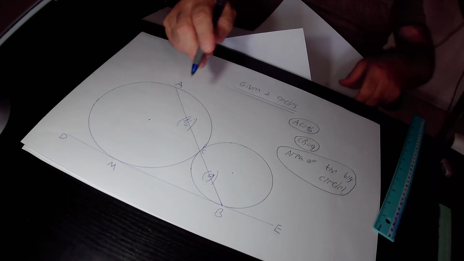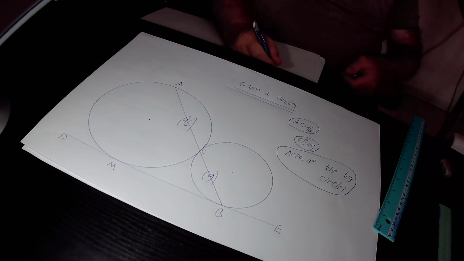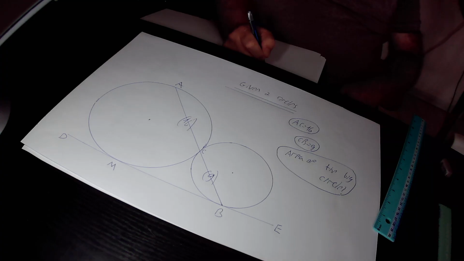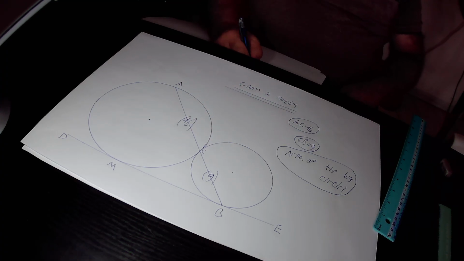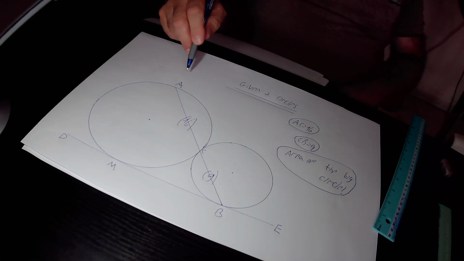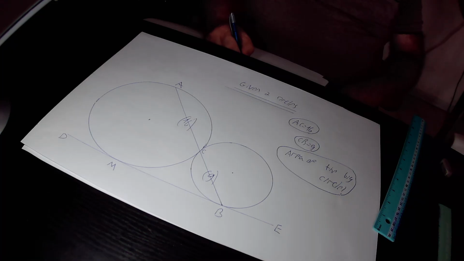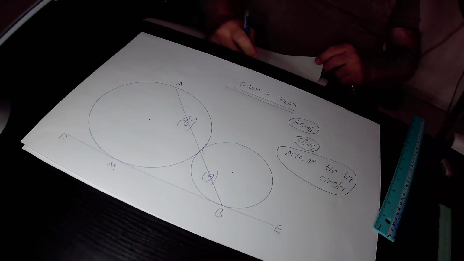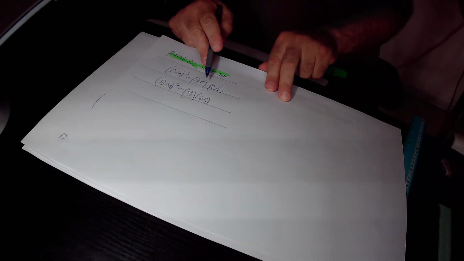BM is the missing tangent, so we leave it as it is, BM square. That is equal to BC, which is 9, times BA. BA in total is equal to 16 plus 9, that is 25. So according to rule 10, BM square equals 9 times 25.